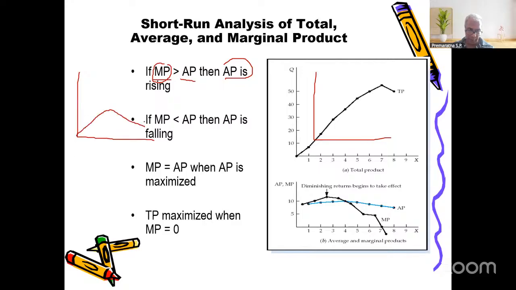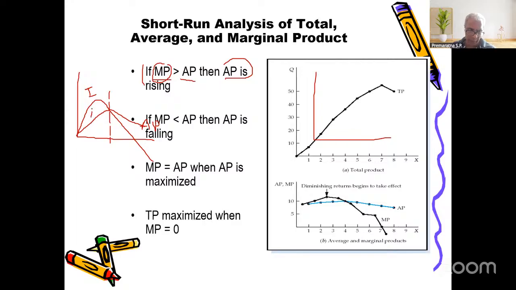This is the average product. Here the marginal product. So in the first stage we are talking about, the marginal product is greater than the average product.